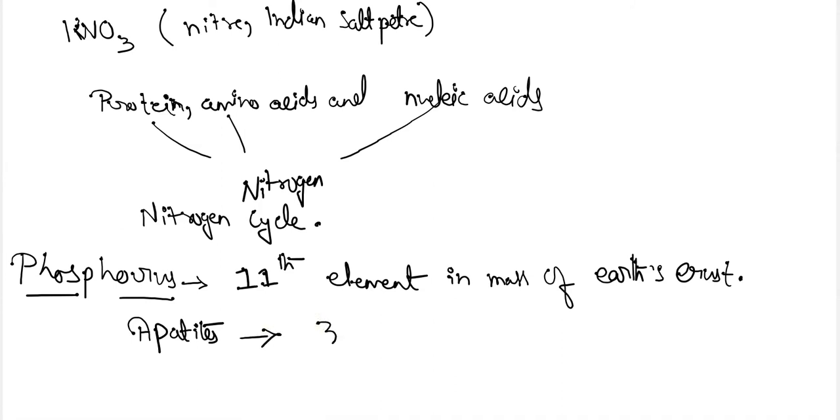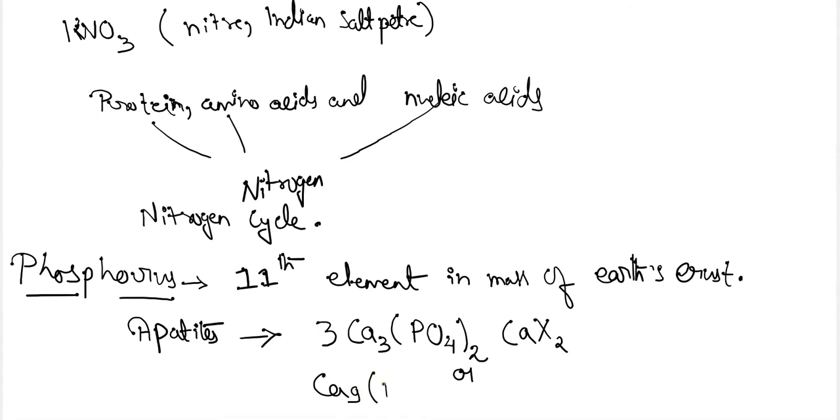The apatite has the general formula 3Ca3(PO4)2·CaX2, or the general formula can be Ca9(PO4)6·CaX2.